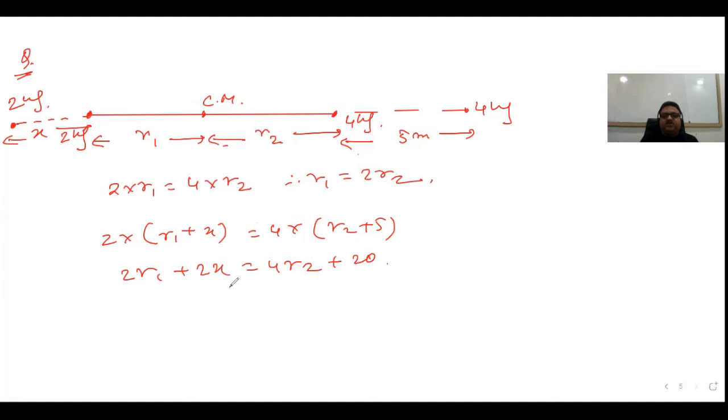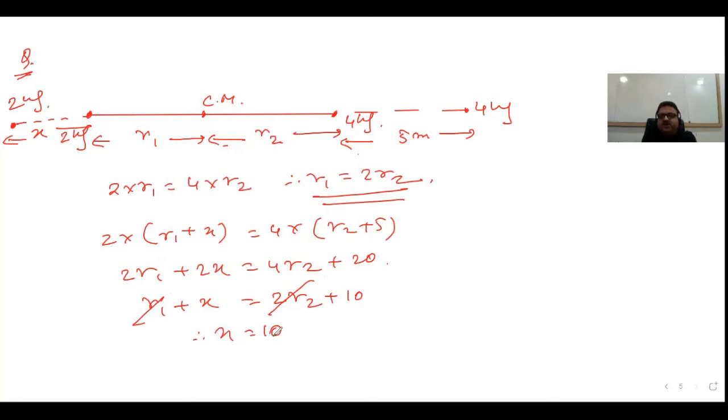Clear? Now watch this carefully. If we simplify the result, R1 plus x is equal to 2R2 plus 10. Okay, now look, R1 equal to 2R2. Clear? Therefore, x equal to 10 towards left.